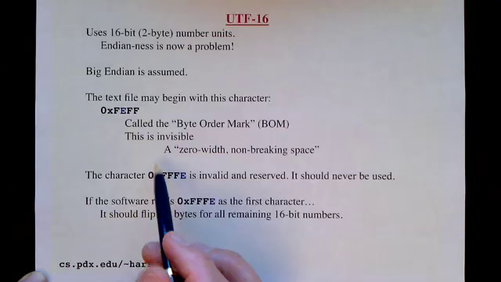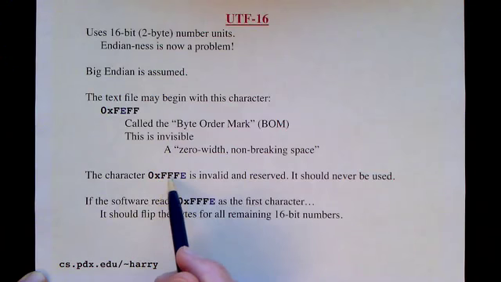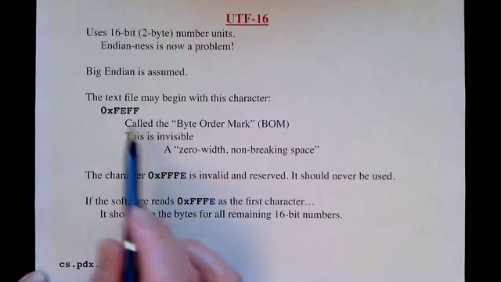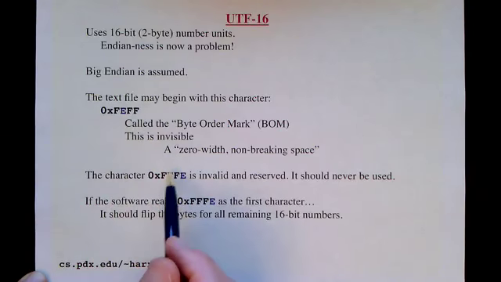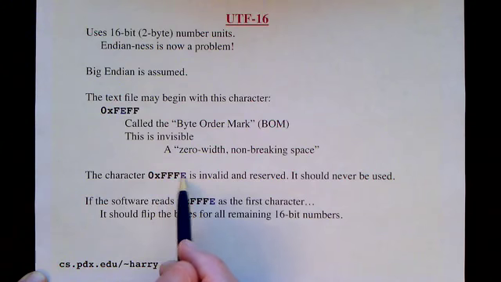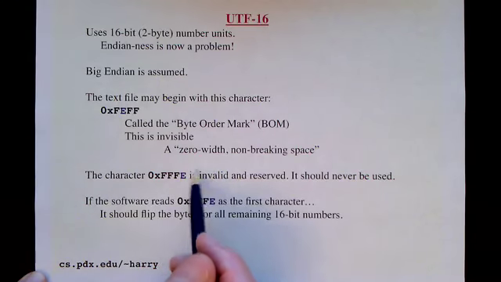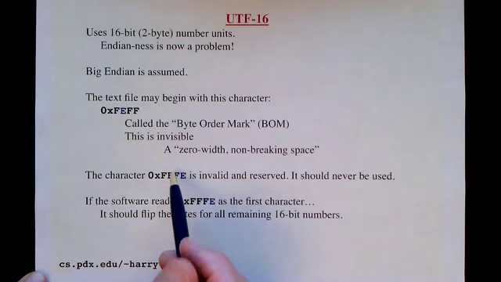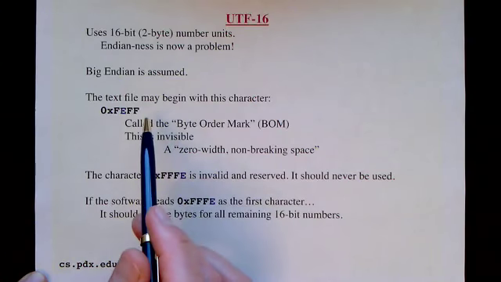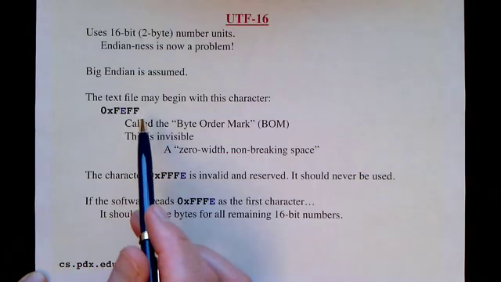If on the other hand, the software reads in little endian, if it's a little endian software package, it's going to read the bytes in reverse order, and it's going to see this number. It's going to reverse the bytes, and it's going to see FFFE. And that character is invalid and should never be used. So that software will realize that the file was written out in a different order.